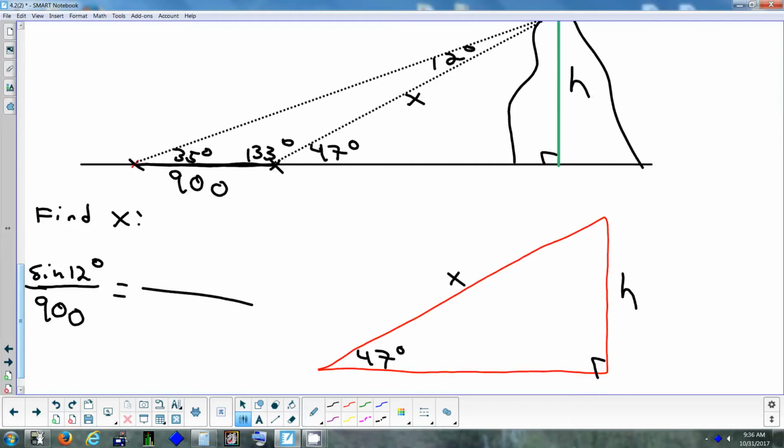And anybody think they could set up the other side to solve for x? What angle would I have to use? Great. Sine of 90. Remember, we're working with the dotted triangle. This is where we are right now. Yep, Alex? 133, because that's the hypotenuse.